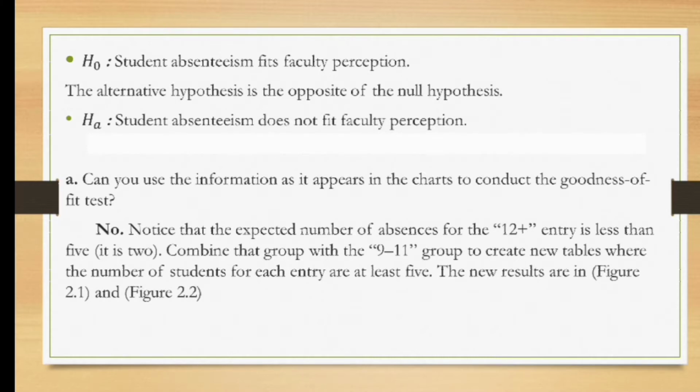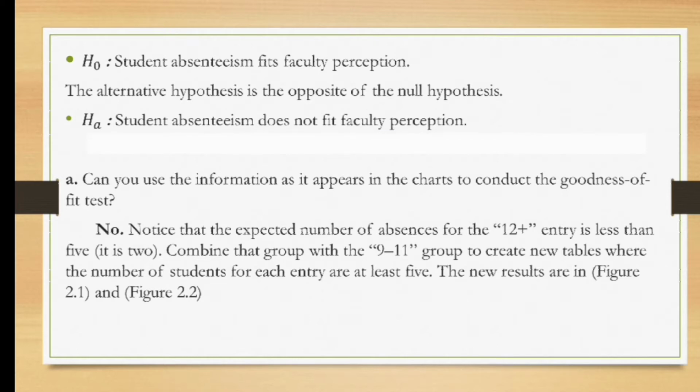For our null hypothesis, it states here that student absenteeism fits faculty perception. The alternative hypothesis is the opposite of the null hypothesis. So for our alternative, let's say student absenteeism does not fit faculty perception.